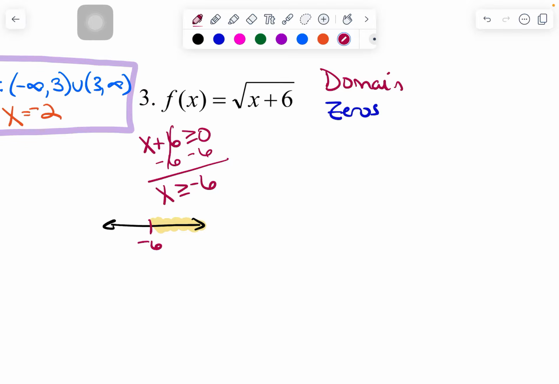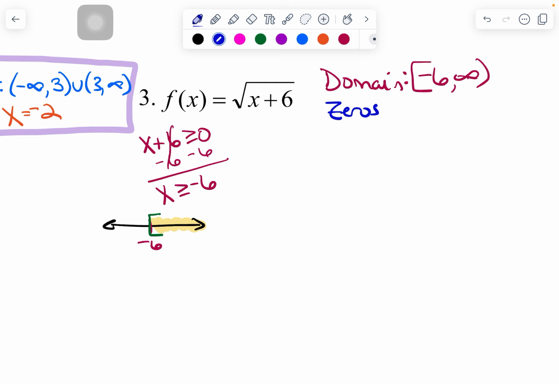And at negative 6 itself, we would use a bracket because of the equal to part. So for our domain, we would exclude values that are less than negative 6. We're going to start at negative 6 and go to positive infinity. And of course, negative 6 gets the bracket there. Okay, so there's our domain.